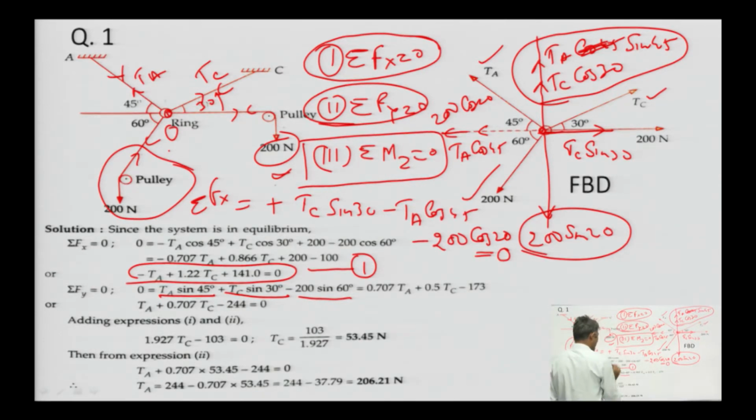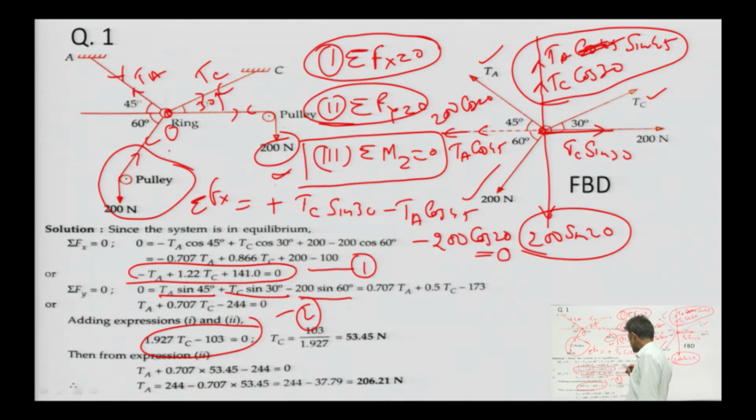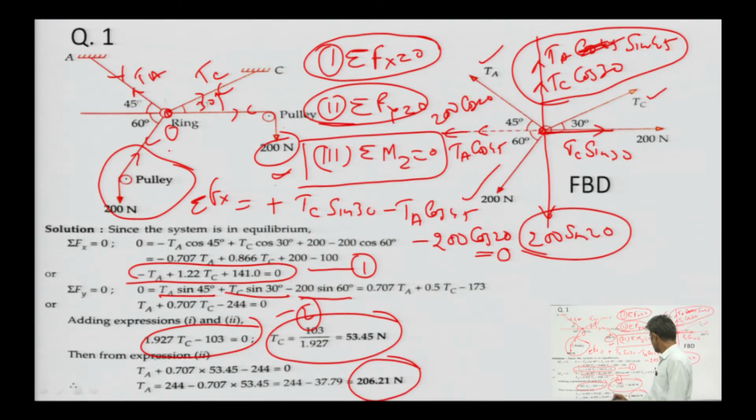This will be the value of Fy, and by equating Fy equal to 0, we will get another equation, equation number 2. By solving these two equations, we have calculated the value of TC as 53.45, and by putting the value of TC in the other equation, we can calculate the value of TA.